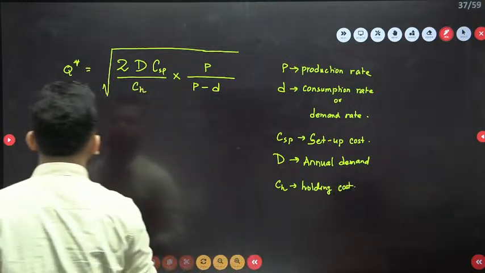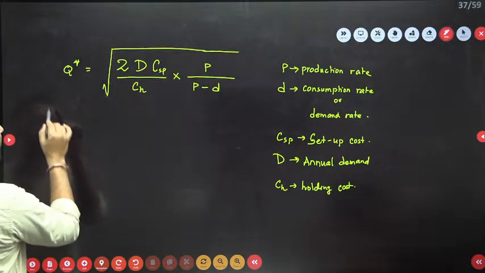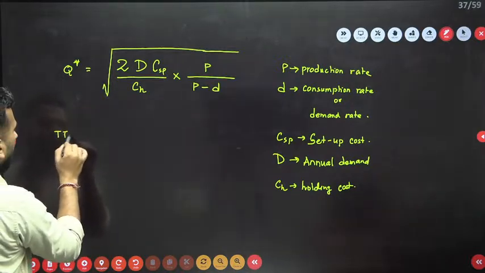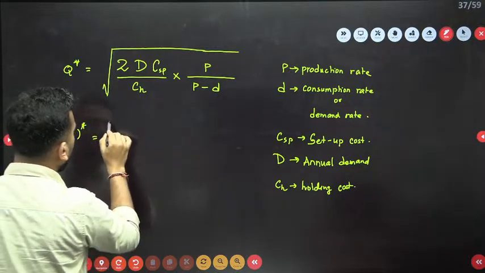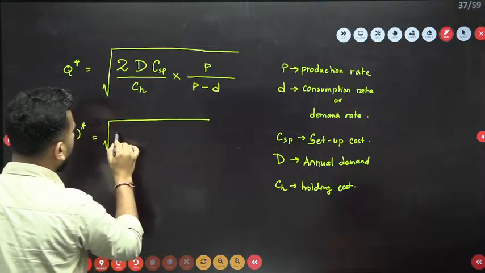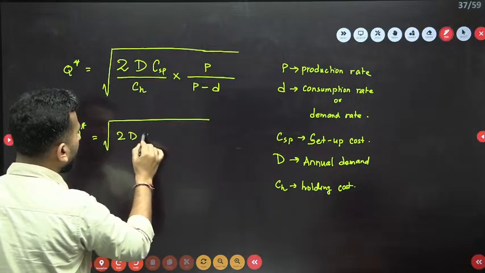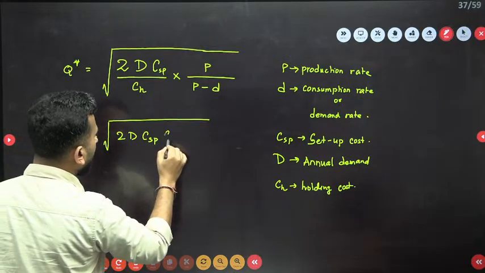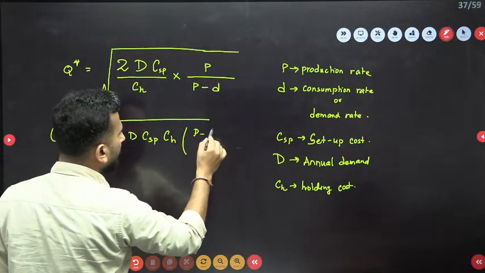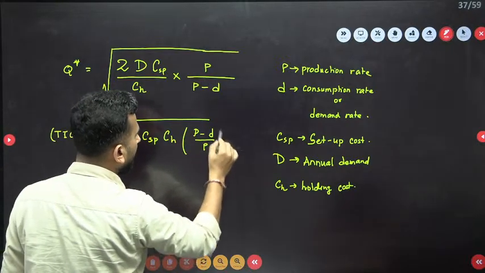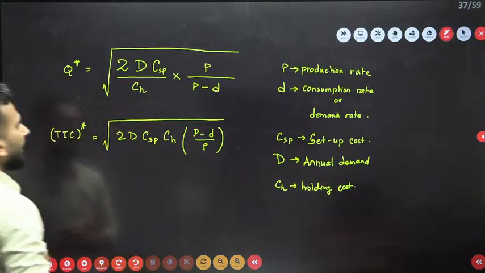So this is Q star, and then if I have to write the total inventory cost minimum, it will be root of 2D CSP CH, and just reverse this, (P minus D) by P, and that will be TIC star.